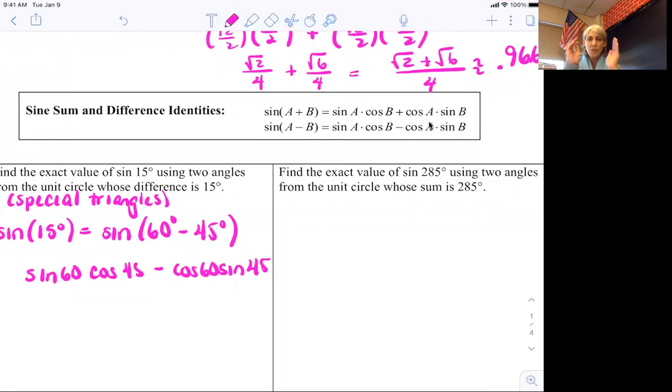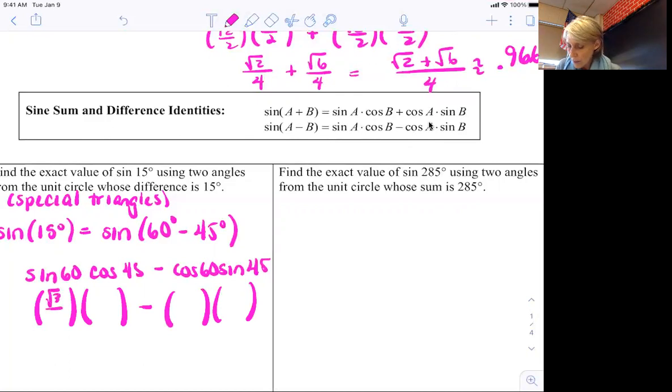So now I'm going to actually physically put my values in. Sine of 60, cosine 45, cosine 60, sine of 45. Sine of 60, rad 3 over 2. Cosine of 45, rad 2 over 2.